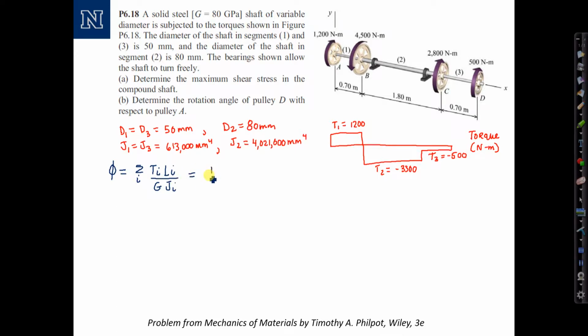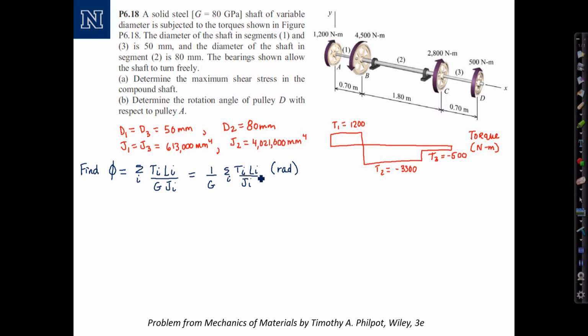So notice that I can pull out a 1 over G and write this as the sum over i of T sub i L sub i over J sub i. So this is what we're trying to find. The units that we expect for our rotation are basically unitless or in radians, so we'll check that at the end.